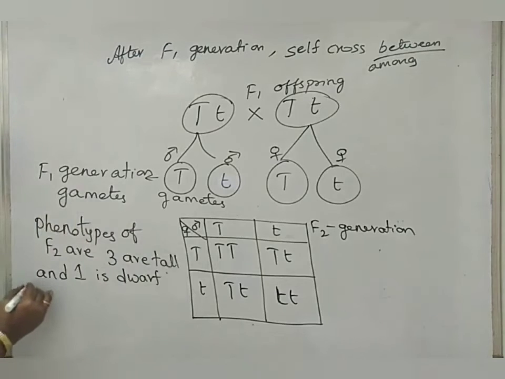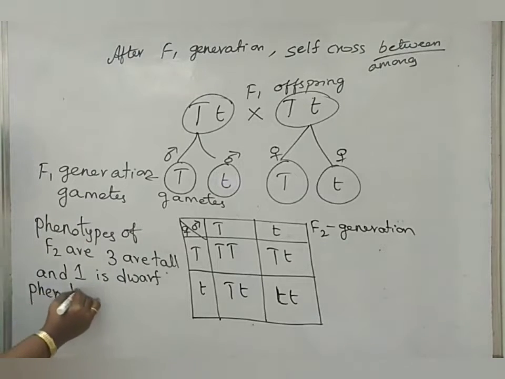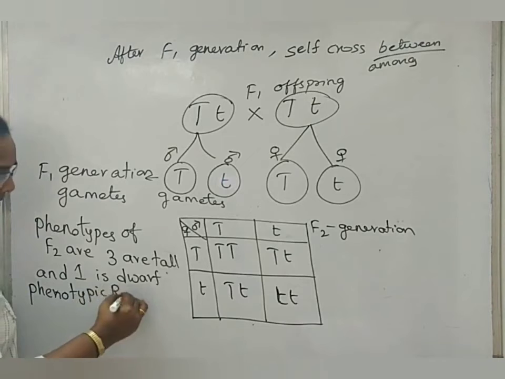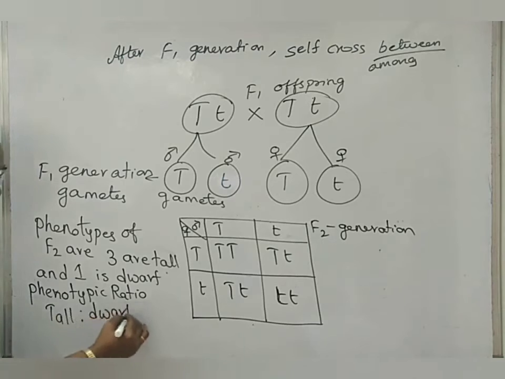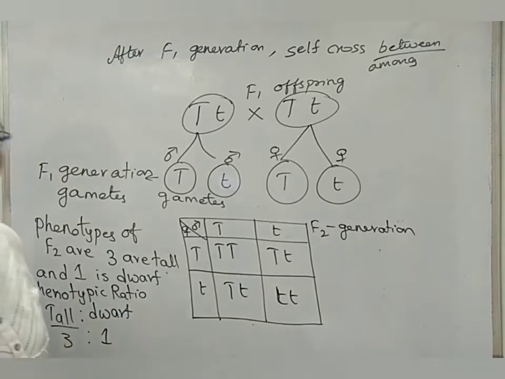Now if you write the phenotypic ratio, we have to write how many are tall and how many are dwarf. Tall are 3 to dwarf 1. So the ratio is 3 is to 1.